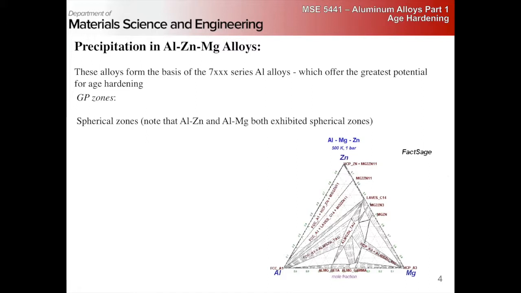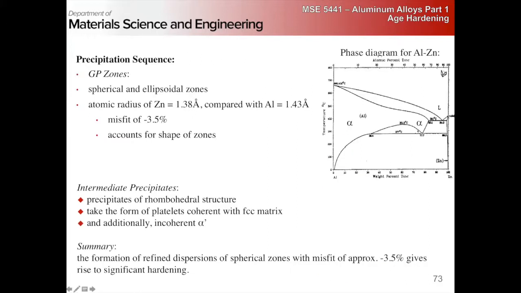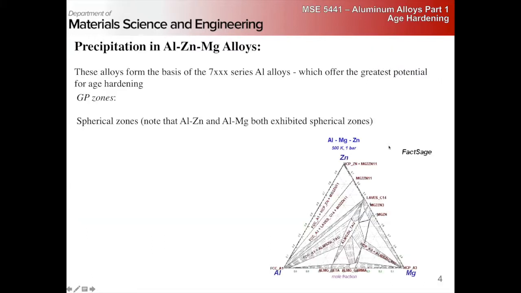But it leads into something very important. The curiosity here is just because of the miscibility gap. If it wasn't for that, I probably wouldn't have bothered to throw them in there. Aluminum, zinc, magnesium forms the basis of the 7000 series alloys, and we'll spend a lot of time talking about specific instances of this.